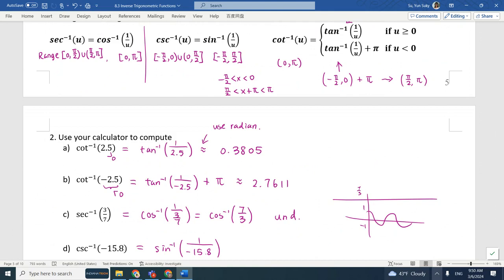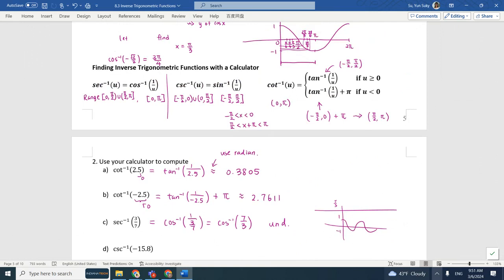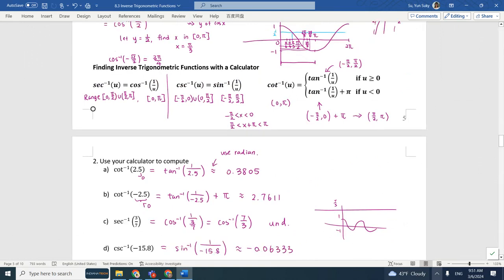All right, how about now arc sine of 1 over negative 15.8? Okay, yes. So this is how to use your calculator. In the exam, I will ask you both types of problems.